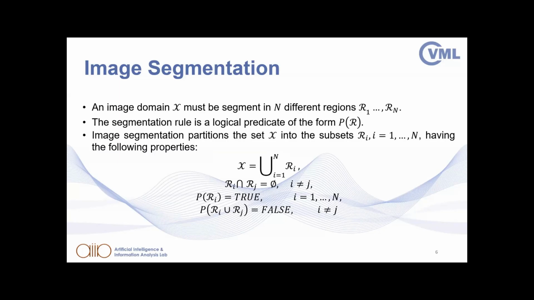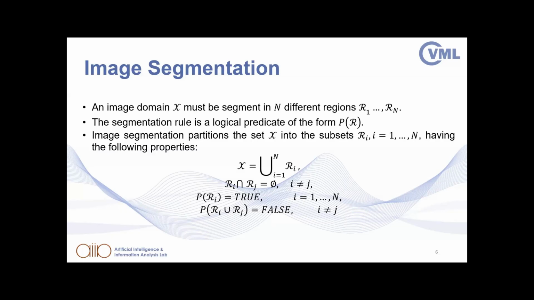The segmentation is governed by a logical predicate denoted as P of R. This predicate defines the rule that determines which pixels belong to which region. For example, in flat segmentation, the predicate might identify flat areas based on pixel intensity or other visual characteristics.